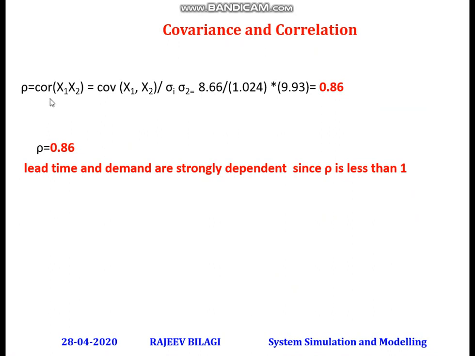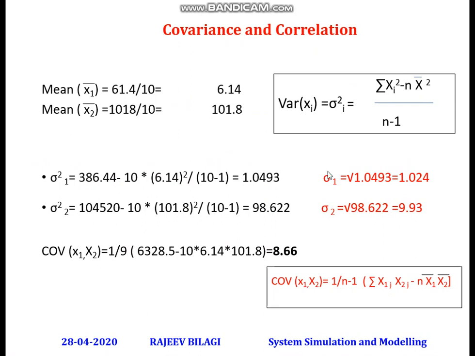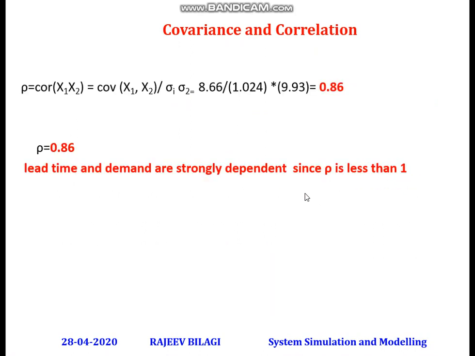Now what is the correlation? Correlation equals covariance of x1 comma x2 divided by sigma 1 into sigma 2. I have already identified sigma 1 and sigma 2, so I am getting 0.86. If you get this rho value between 0 and 1, then we can say that the lead time and demand time are strongly dependent on one another.